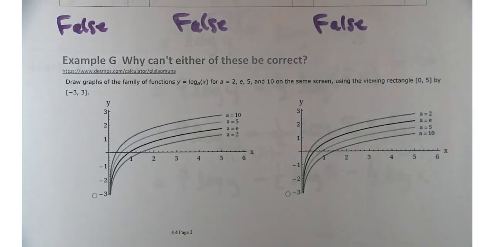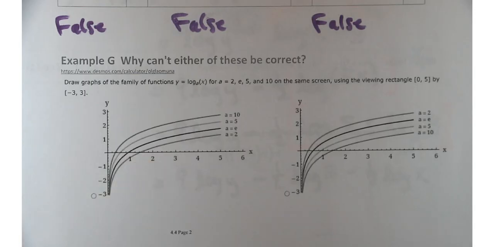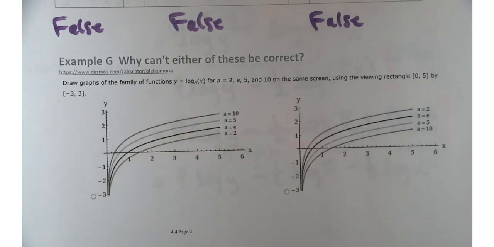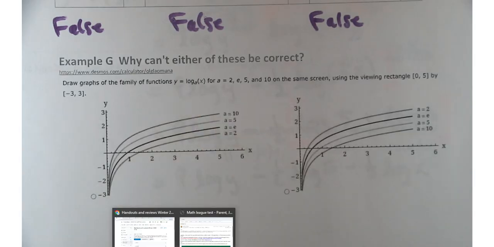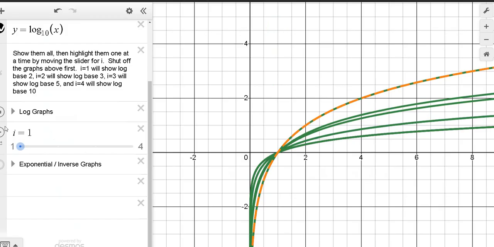Last but not least, I've got a couple different curves drawn here. Neither family of curves could actually be what we expect for the logarithmic function for these bases. Let's try and remind ourselves as to why. Okay, let me shut this off.